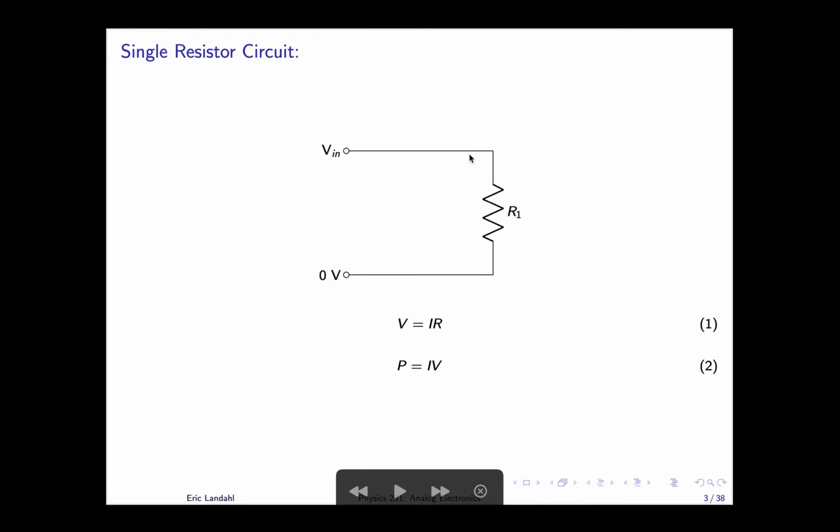And a resistor, here R1, is connected between the two terminals. And so, of course, current flows through this resistor, and that current is related to the value of the resistor in ohms and the voltage across it by Ohm's Law, which is V equals IR, or voltage equals current times resistance.